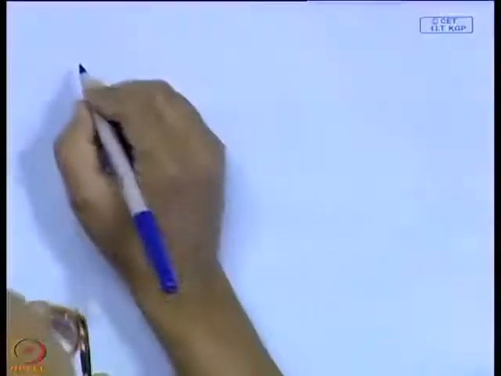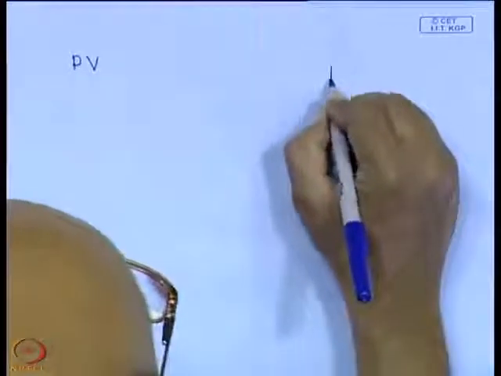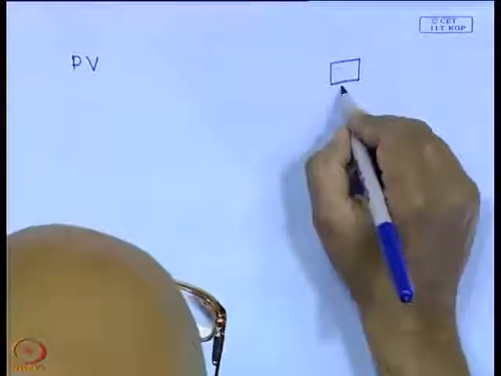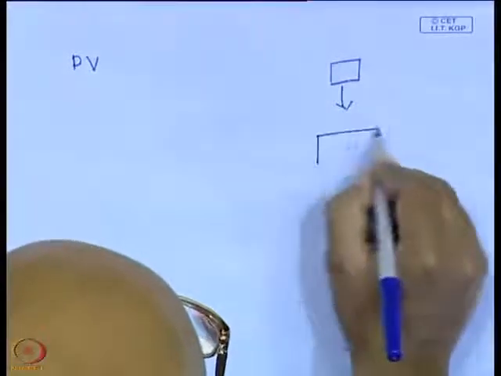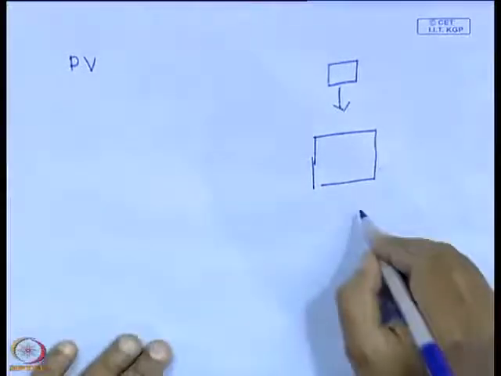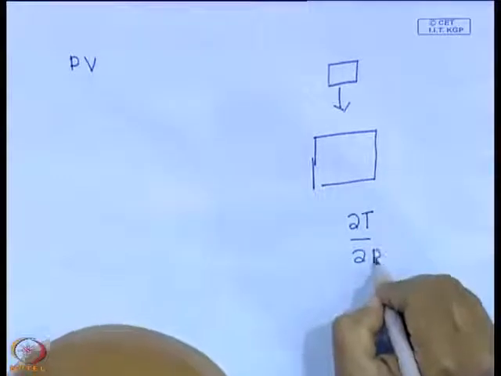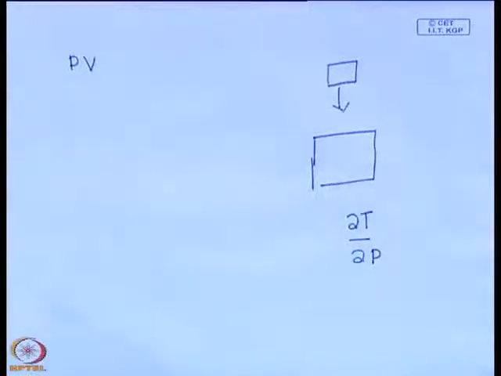Okay. So, we know that it has an equation of state. So, let us consider a gas, and this gas is made to expand adiabatically. We would like to calculate del T del P for such an adiabatic expansion.